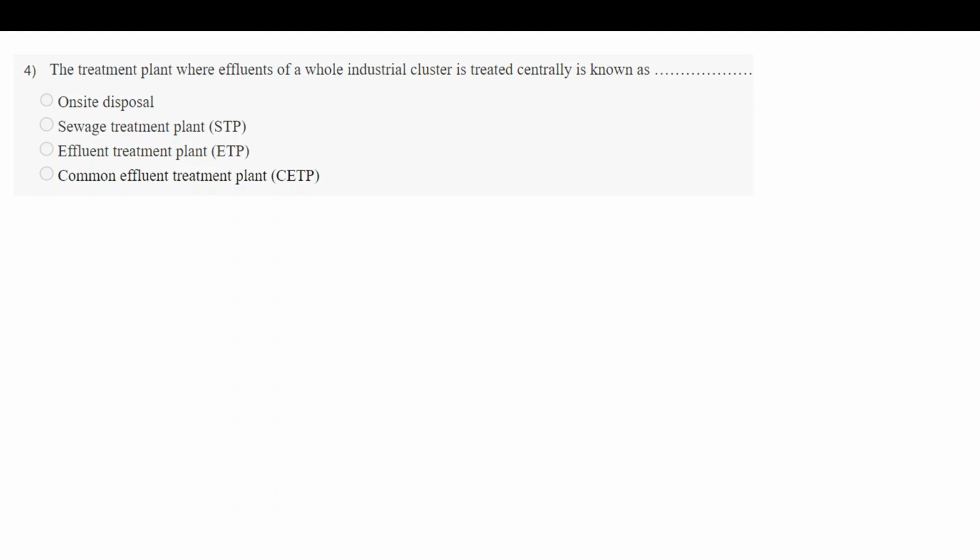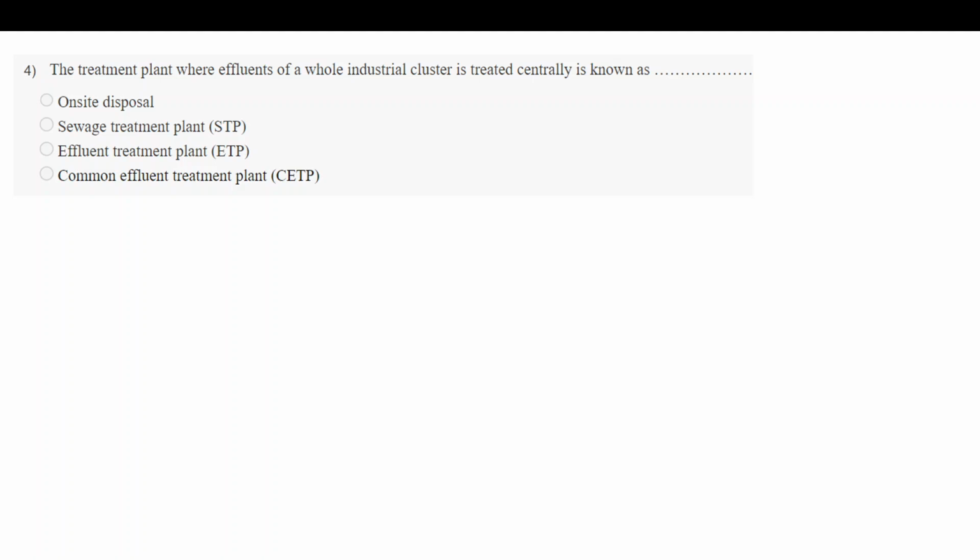It is the common effluent treatment plant, because as I mentioned a few minutes back in the class, if you have a cluster of industries in an industrial zone, small scale industries might not be able to treat the water because of financial reasons, space crunch or other issues.